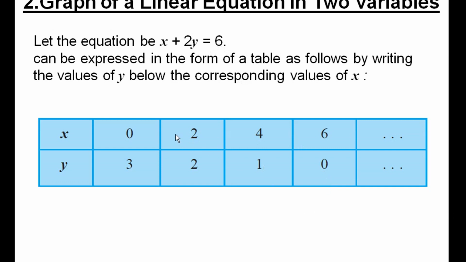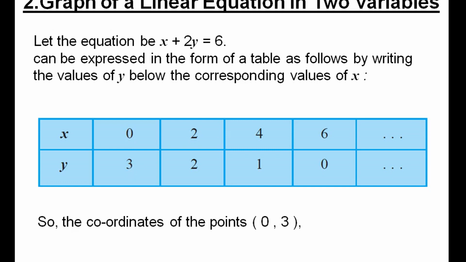So from these values of x and y, we will get the following points that can be represented on the graph. The coordinates of those points are 0, 3, second point is 2, 2, third point is 4, 1, and fourth point is 6, 0.